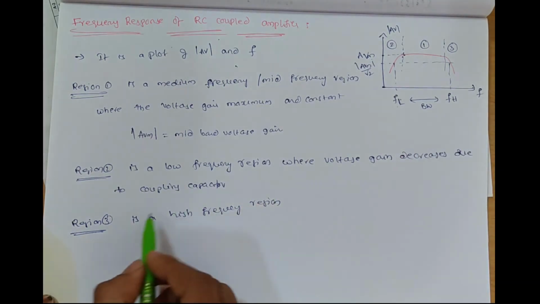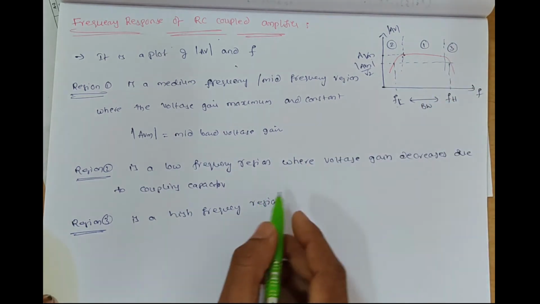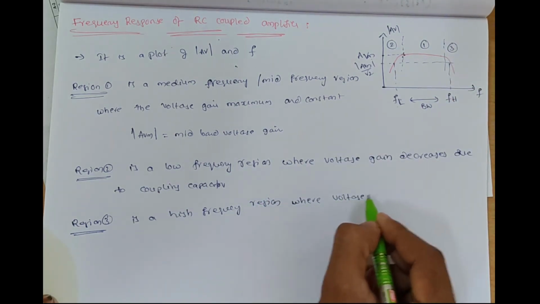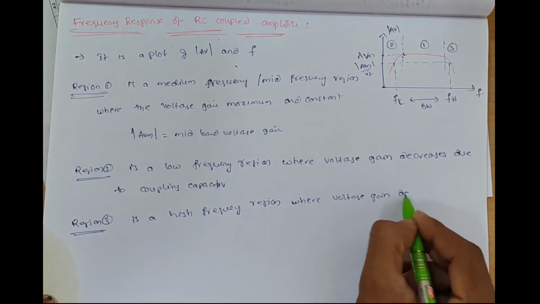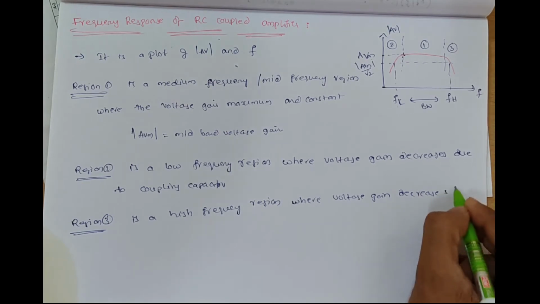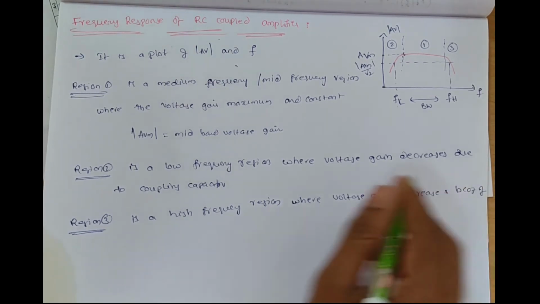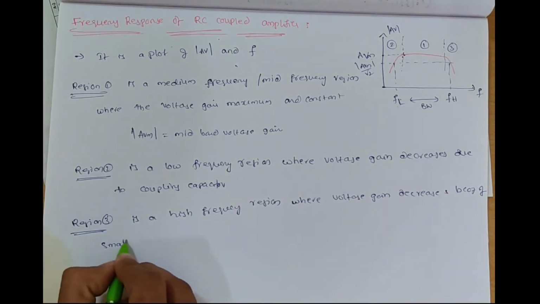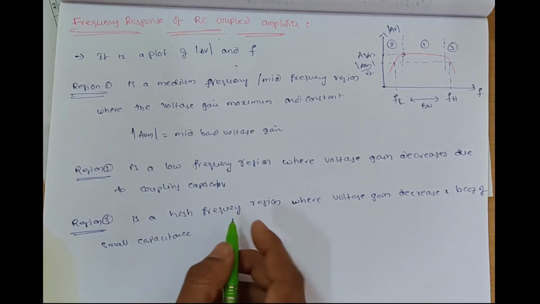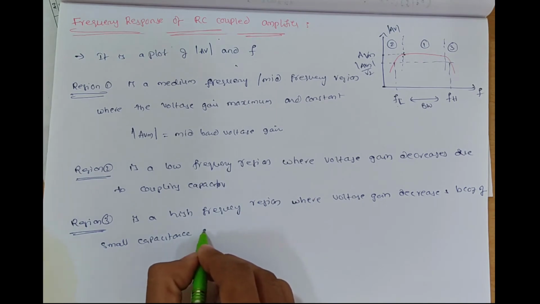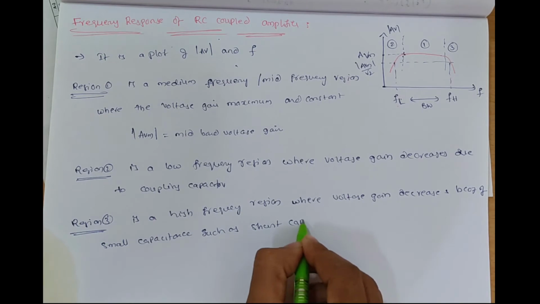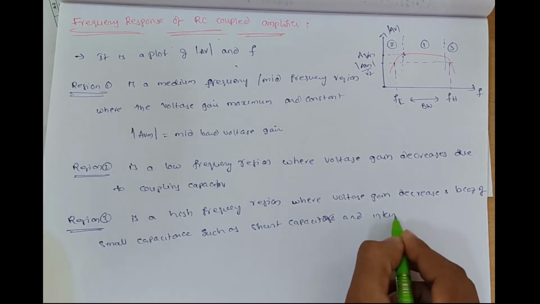So we can say this region 3 is a high frequency region where voltage gain decreases because of small capacitance such as shunt capacitor and internal capacitance of BJT.